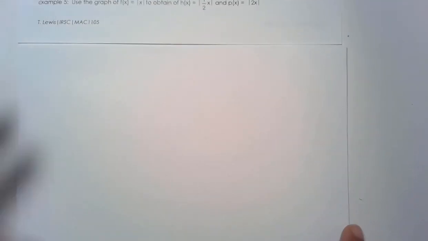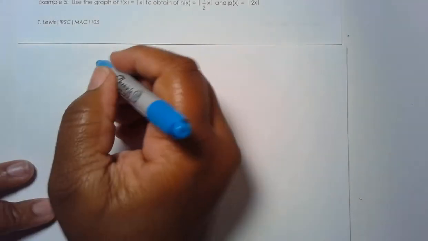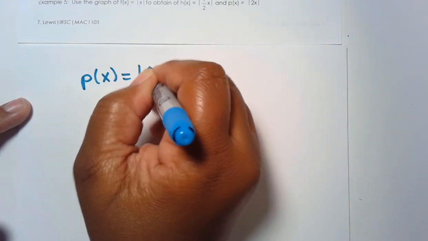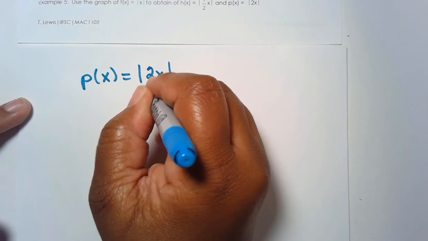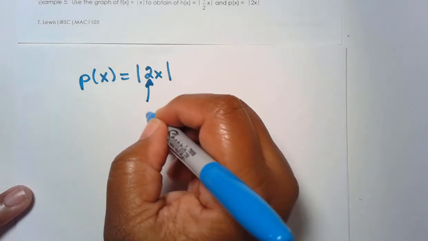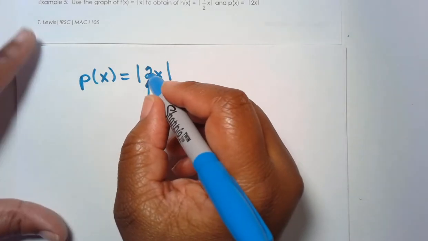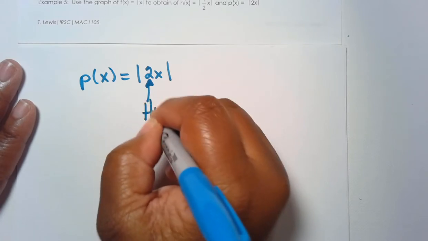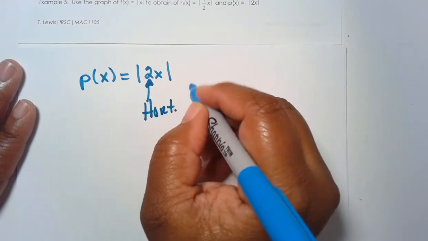The 2 is inside the parenthesis, and 2 is greater than 1, so it's going to shrink horizontally, a horizontal shrink.